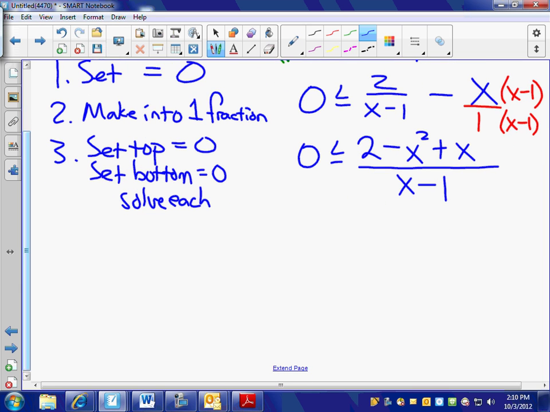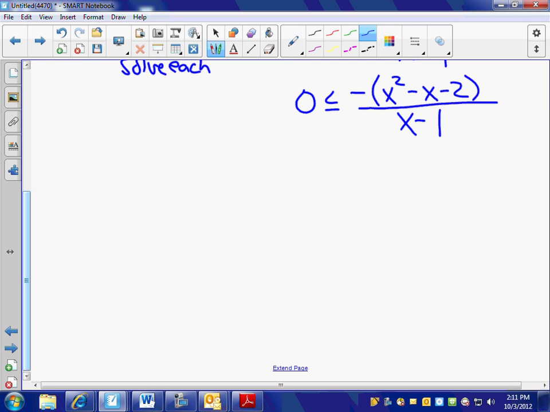So I guess at the top equals 0, bottom equals 0, and solve. And the way I do that is through factoring, if we can. So I get 0 is less than or equal to. If you want to try to factor that top, and this does factor, what would you take out first? Oh, negative. Very good. Negative. We'll have a positive x squared minus x minus 2, all over on the bottom, x minus 1. 0 less than or equal to negative parentheses, what's top?